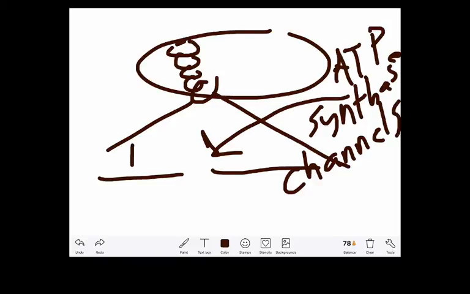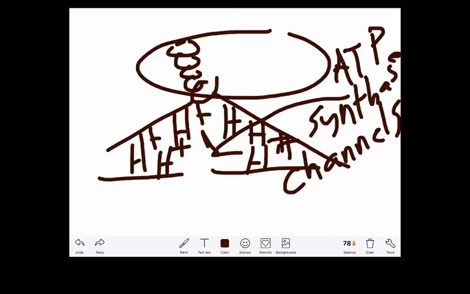The hydrogen ions are pumped to one side of the thylakoid compartment. And the only place that the hydrogen ions can move to the other side is through an ATP synthase channel.